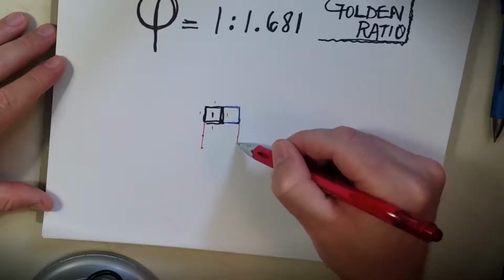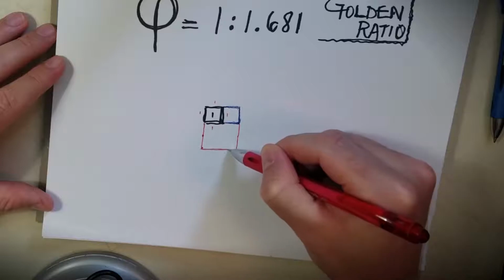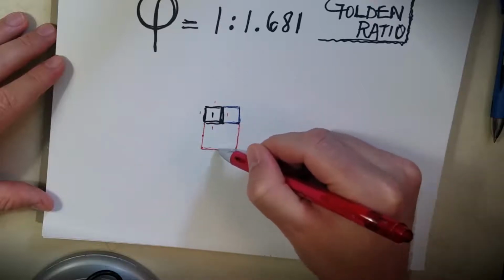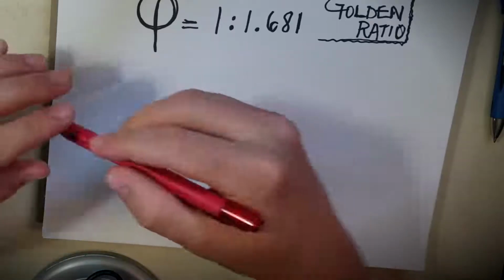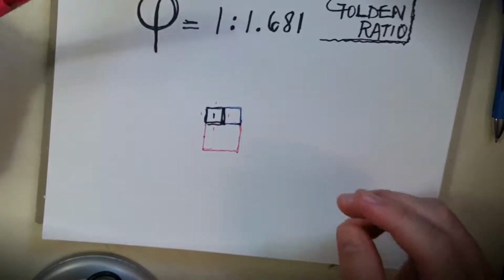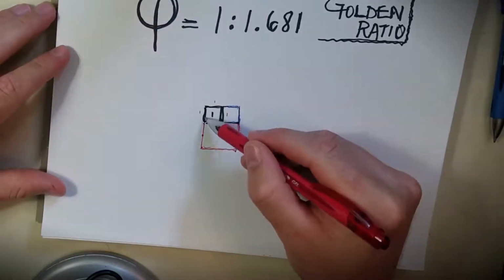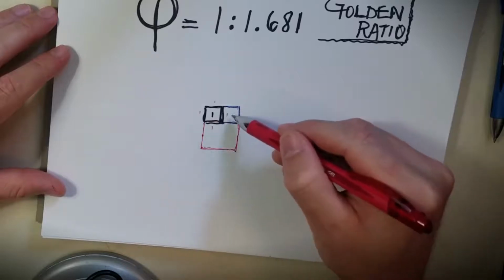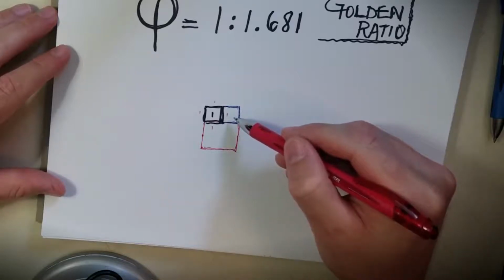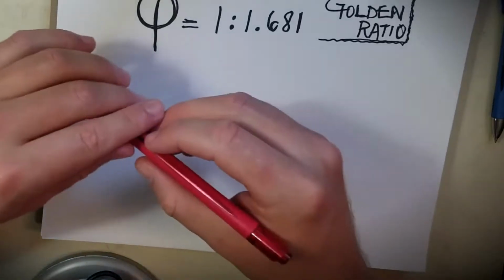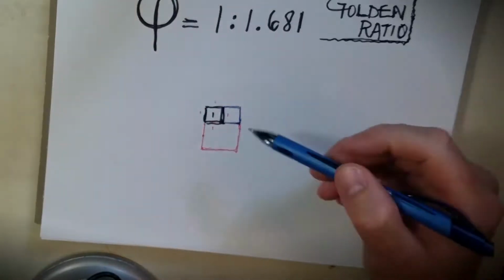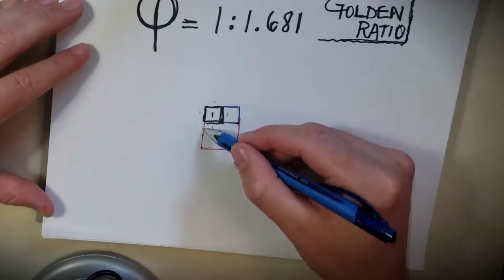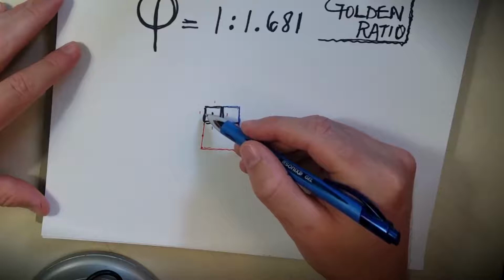So there, that's roughly 2 units. And now you'll notice that the ratio of this to this, or this to the whole thing, is going to be extrapolated into 3 units.